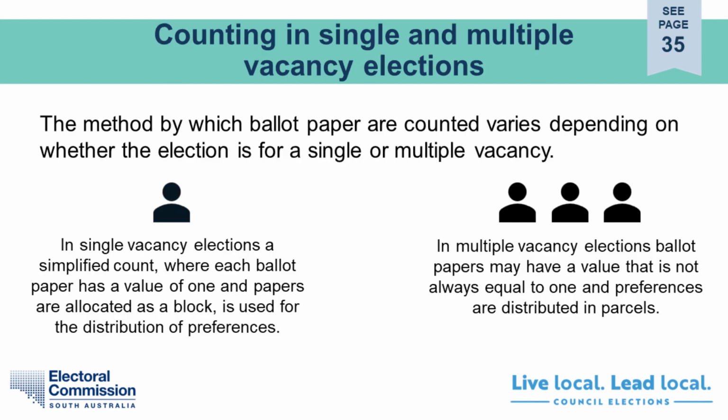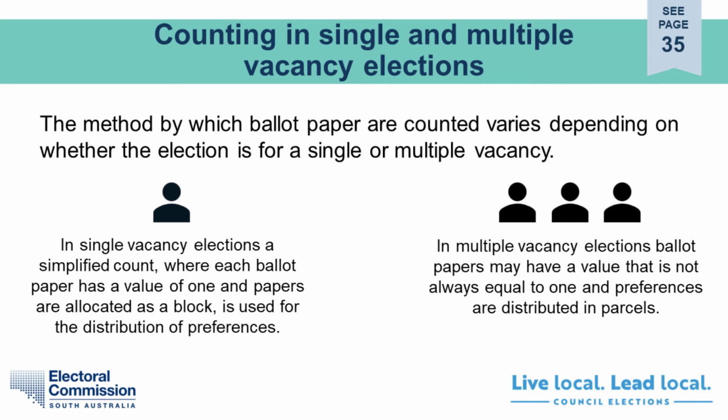Recent changes to legislation have streamlined counting for single vacancy elections, such as mayor. It still follows the same fair and democratic principles as counting for multiple vacancy elections, but has a simpler method for the distribution of preferences to the next available candidate.